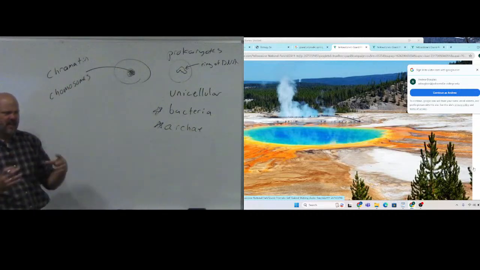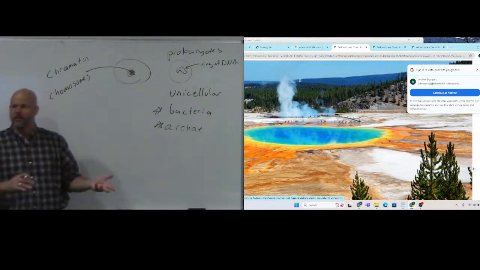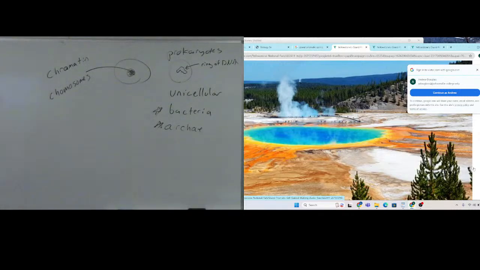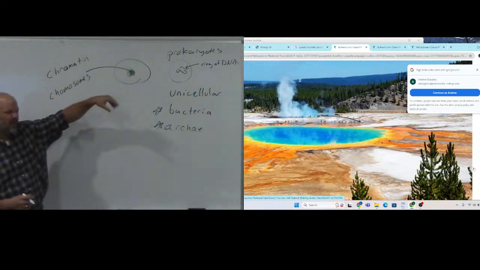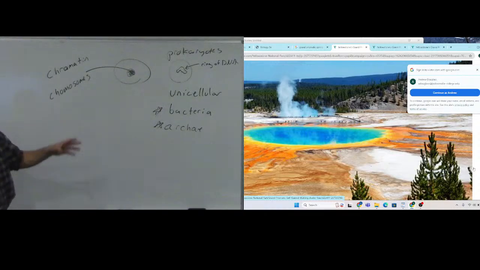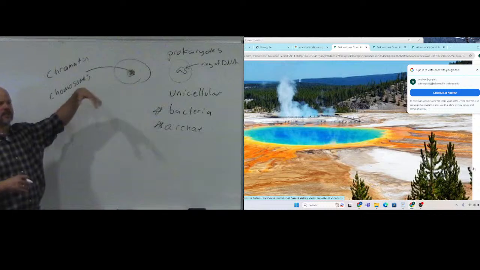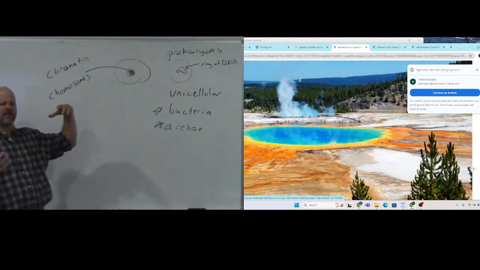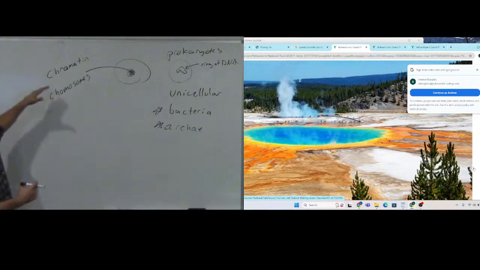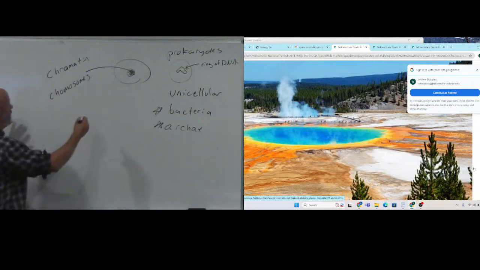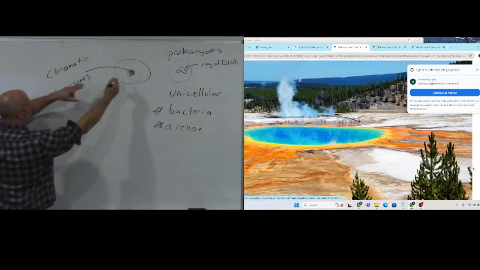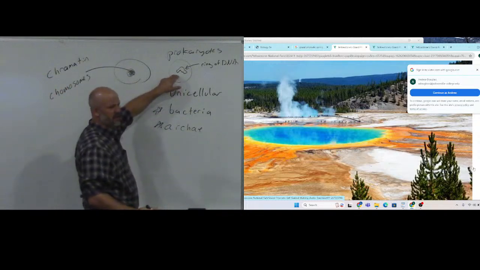Some means body. When they first started staining cells, they found these colored bodies in the nucleus. They didn't know what they were made of or what they did. They just knew that was different. So they called them chromosomes and then chromatin. This is how DNA exists here, and this is how DNA exists here.